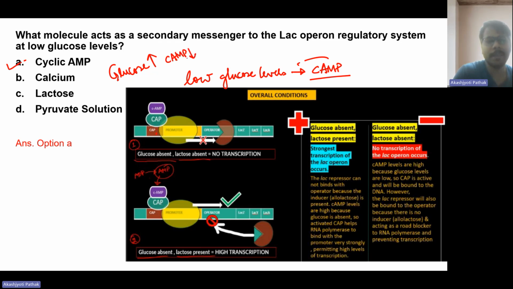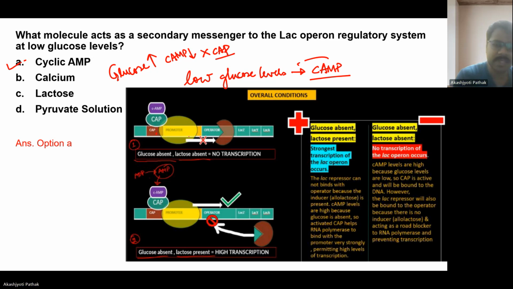Since the cyclic AMP levels are low, it will not be able to bind to the CAP protein, and this CAP protein cannot bind to the CAP binding site on its own. It can only bind to the CAP binding site when it is in complex with cyclic AMP.